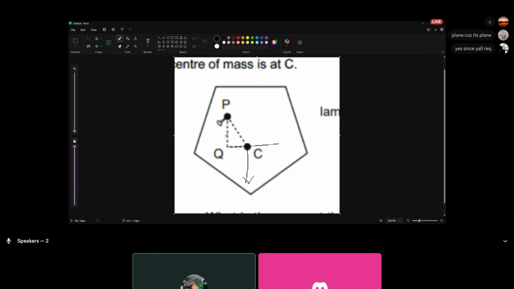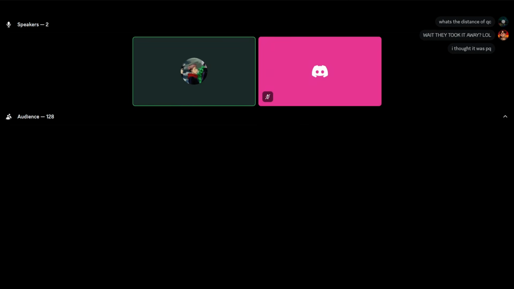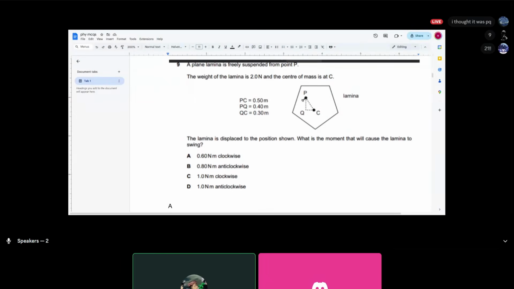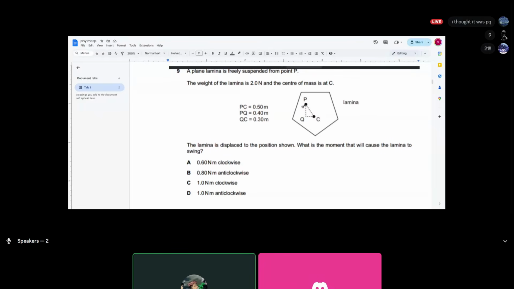That's why we consider this QC distance. The weight of the object is 2 newtons. So by simple calculation, 0.3 into 2. So the answer is A, 0.6.